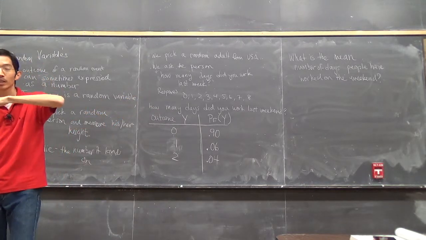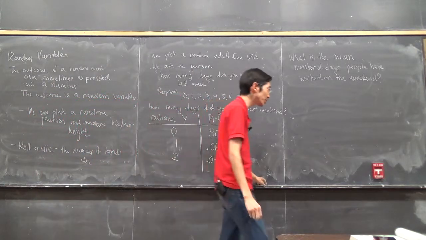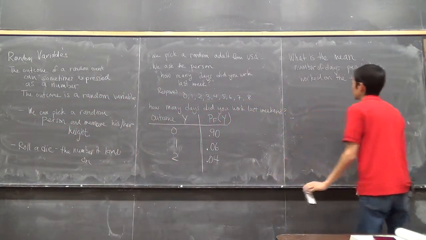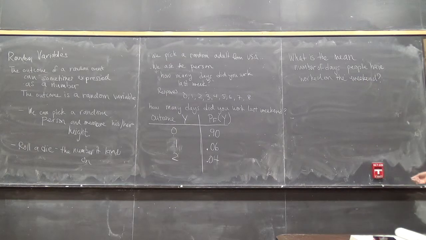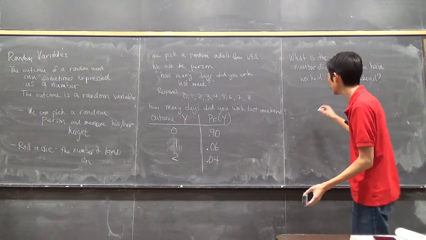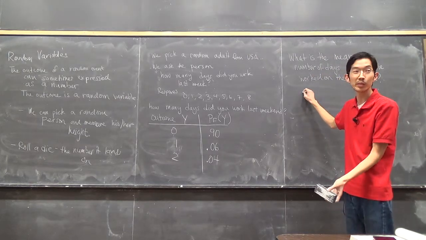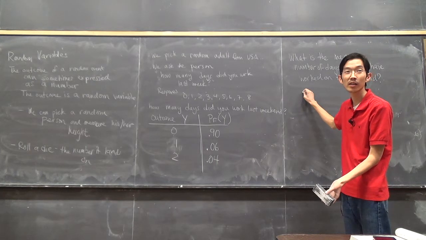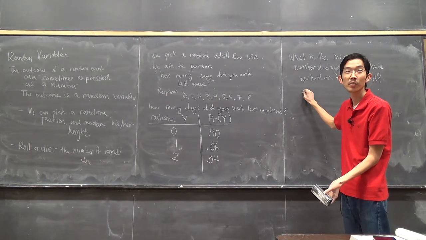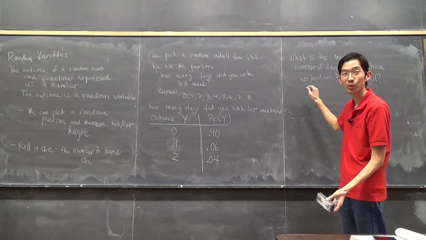So just imagine if we were to continually ask a whole bunch of different people, how many days did you work last weekend? To calculate the mean of this random variable, what is the symbol for mean of a data set? Y bar, okay? For a data set, the symbol for mean is Y bar.